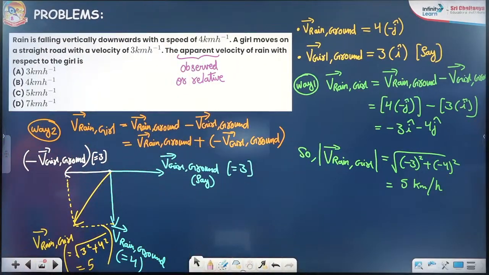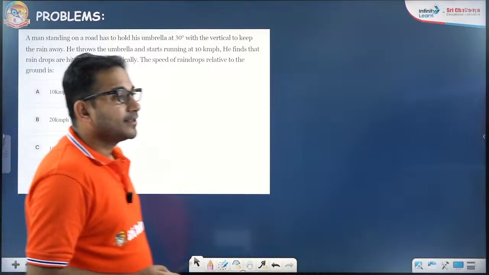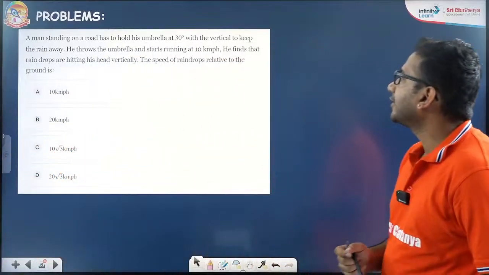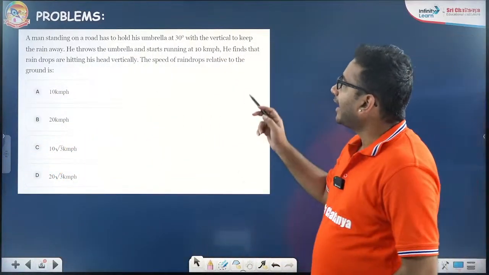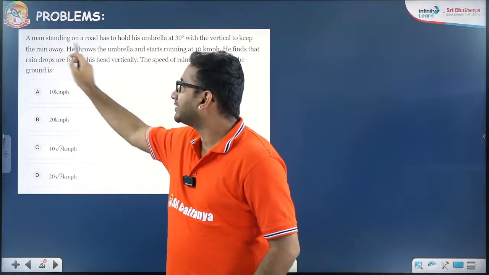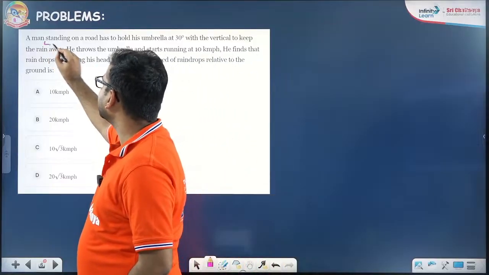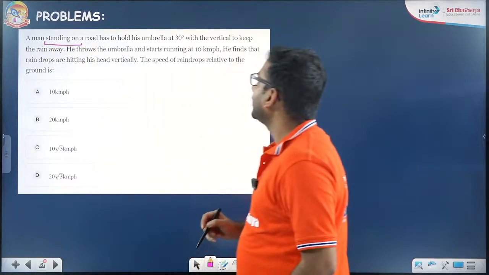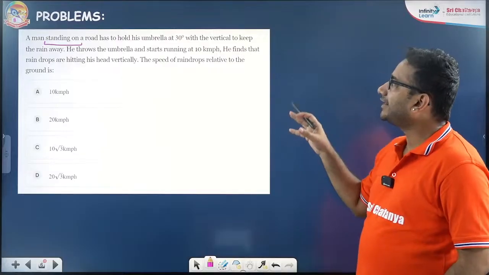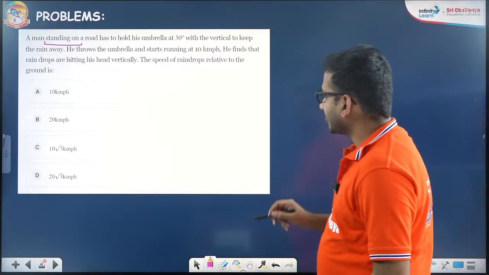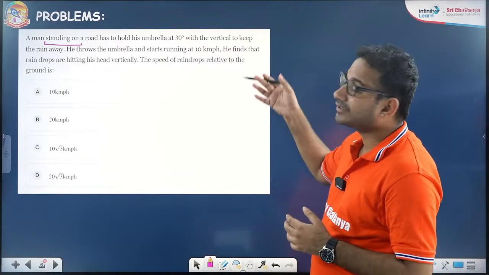Okay. Let's go, next problem. A man standing on a road has to hold his umbrella at 30 degrees with the vertical. See, a man is standing on the road. If the man is standing on the road, it means this is the actual velocity of rain; the rain is falling 30 degrees with the vertical.